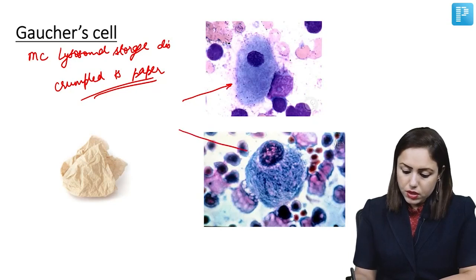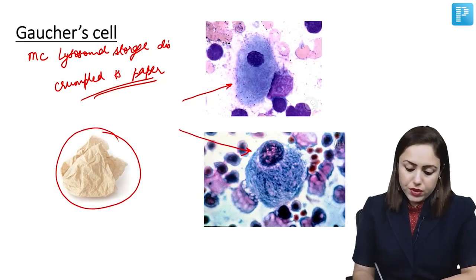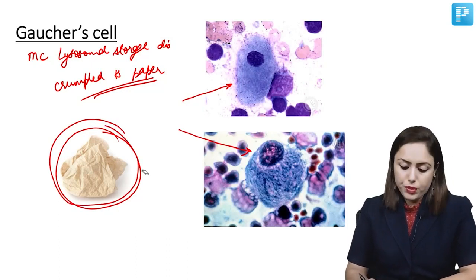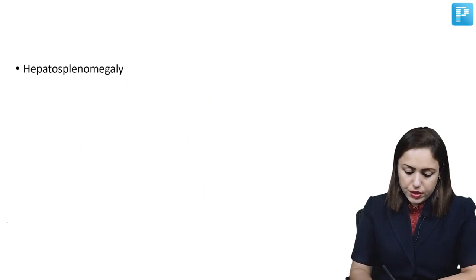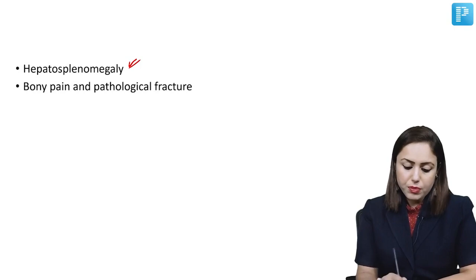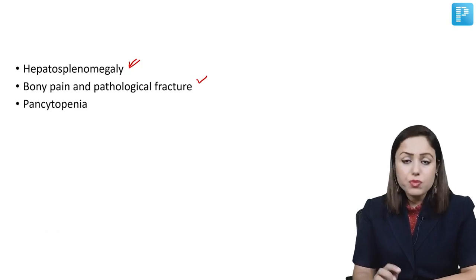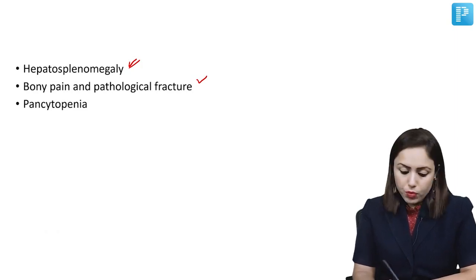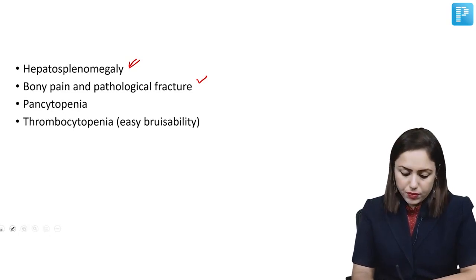This cell you can see resembles this crumpled tissue paper, right? So let's do little detail of this Gaucher's disease. In Gaucher's disease, patient has hepatosplenomegaly, bony pain and pathological fracture occurs. There's pancytopenia, thrombocytopenia. So patient has easy bruising.